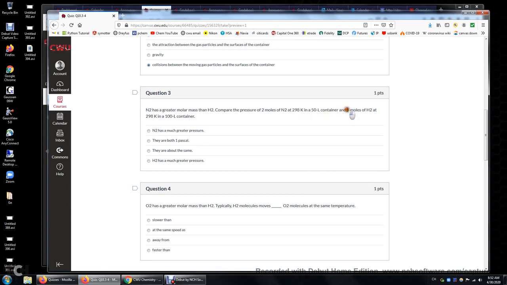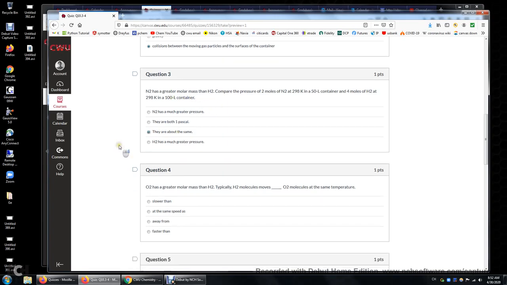Because R is the same for these two gases, I will just do nT over V. The temperature is the same, so I just need to compare n over V. So n over V is 0.04. Over here, 4 over 100, 0.04. So they're about the same.